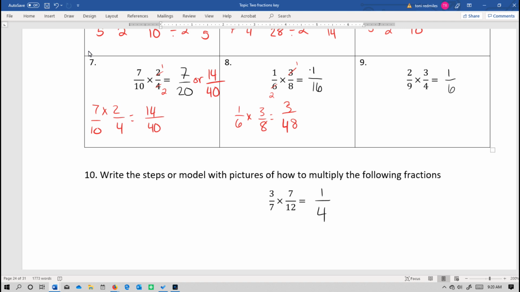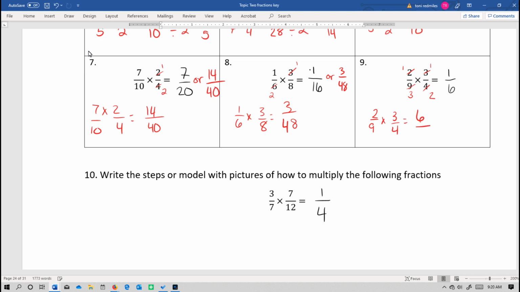Okay, and if you did that, you would have gotten 3 over 48, which can be reduced down by 3s. All right, in this one, if you were doing cross-canceling, you could have said 2 goes into 2 one time and into 4 2 times. 3 goes into 3 one time and into 9 3 times, which would have given you 1 times 1, which is 1, and 3 times 2, which is 6. Or you could have given me the unreduced answer at this point.